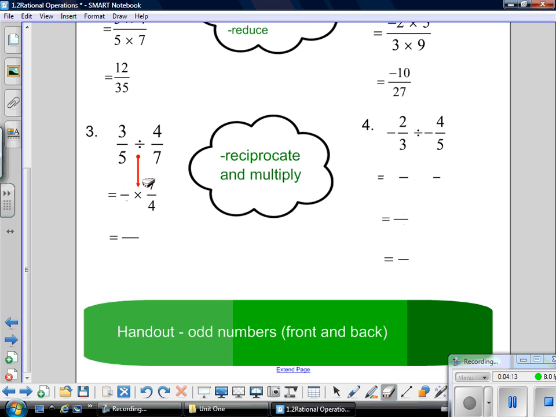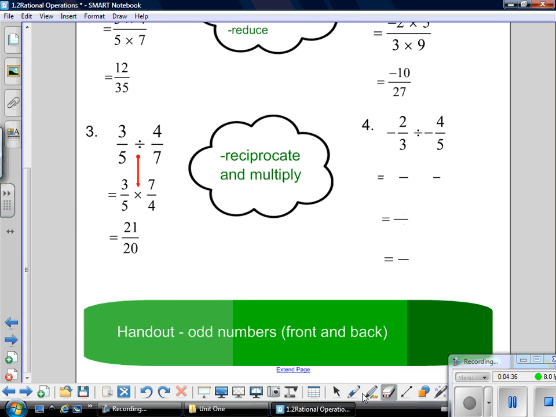So the dividing changes to multiplying. The fraction directly after the dividing sign is the one you reciprocate. And the first one stays the same, so it's 3/5. And now we're doing what we just did in the first two examples. So we're going to have 3 times 7, which is 21, and 5 times 4, which is 20. Again, nothing goes into both of them.